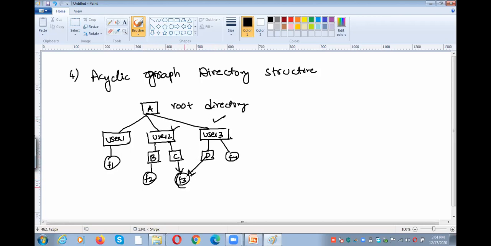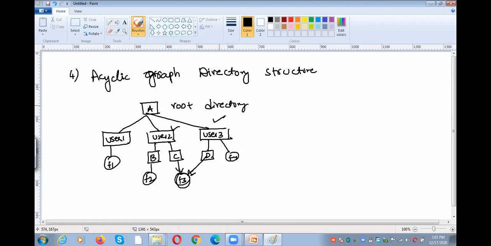Both are using the same file, file 3. Okay, that is possible in the case of acyclic graph directory. That means in the case of tree directory structure, we cannot share the files, whereas in the case of graph we can share the things here.